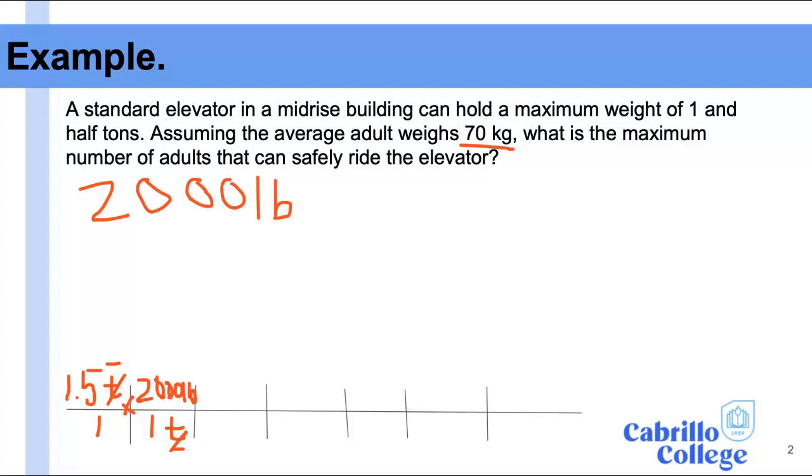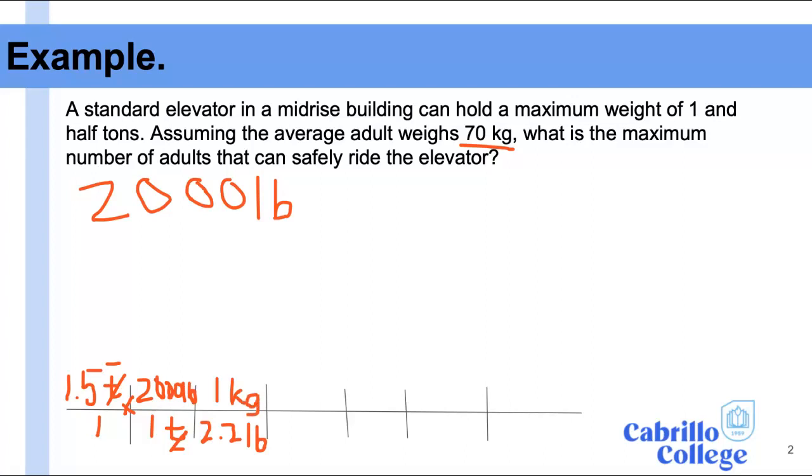On our last slide, it said that 2.2 pounds is equivalent to 1 kilogram. So now I want to turn this pound limit into an SI unit so I can compare it to the average weight of an adult in kilograms. So 2.2 pounds equals 1 kilogram.